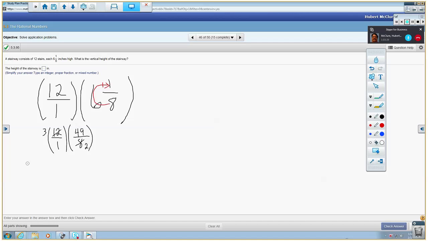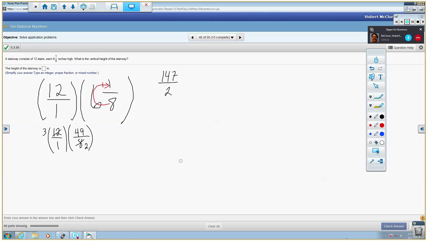3 times. So this ain't too bad, because 3 times 49, all of you should be able to multiply 3 times 49. 3 times 50 is what? Minus 3, 147. So everybody should be able to do that. 147 over, and what's 1 times 2? 2.